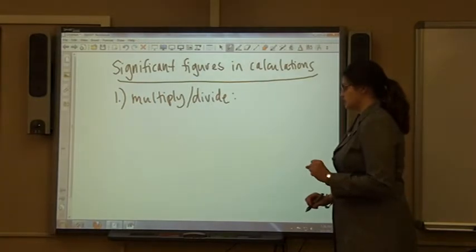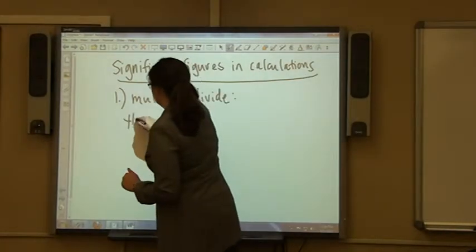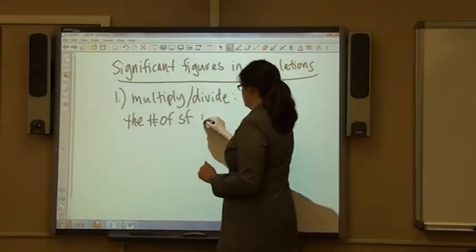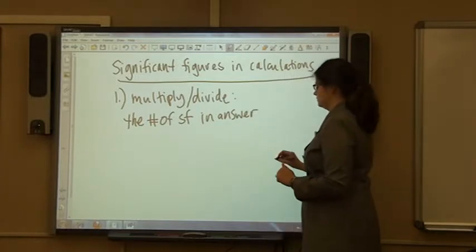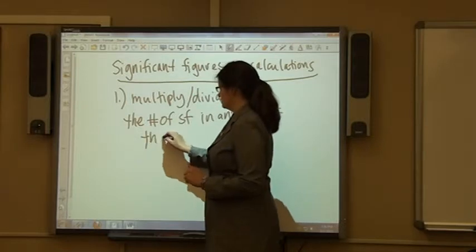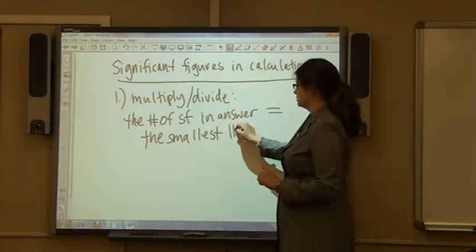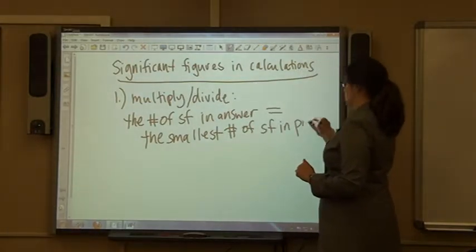The rule states that the number of sig figs in your answer is equal to the smallest number of sig figs in your problem.